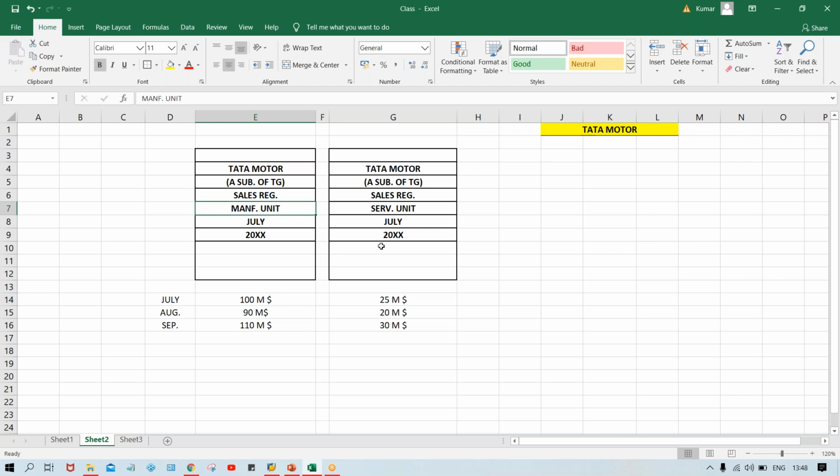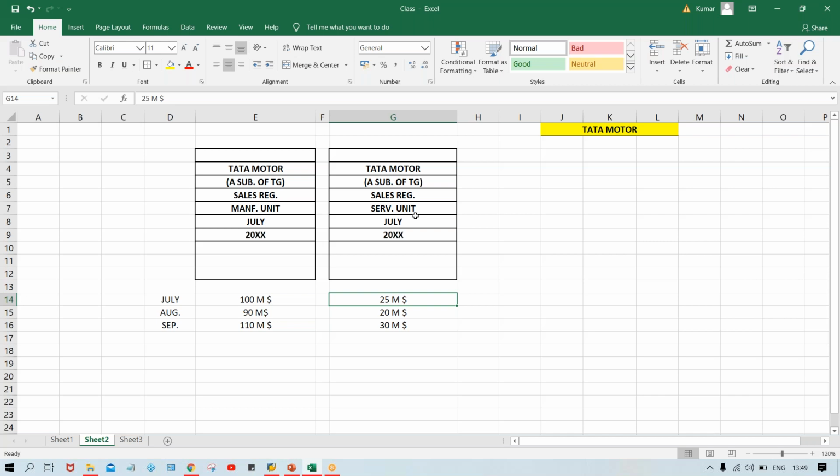Now if the same requirement is to find the total revenue generated from the service unit for July month, then again the same calculation is going to happen. For this a different register is being maintained, so from that register the entire sales are counted and finally the report will be prepared.